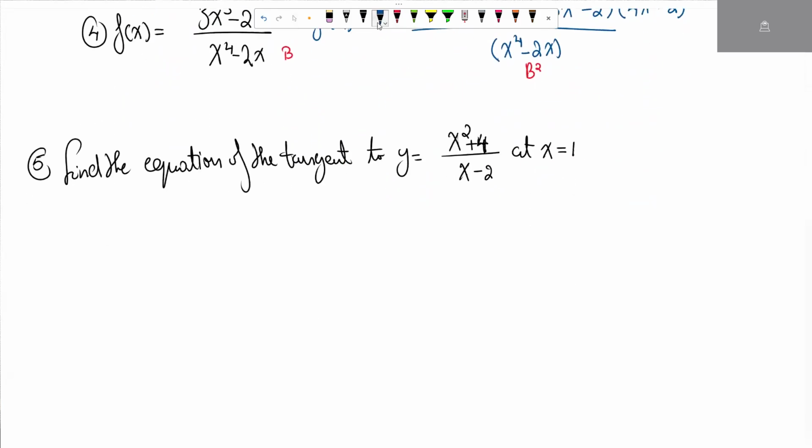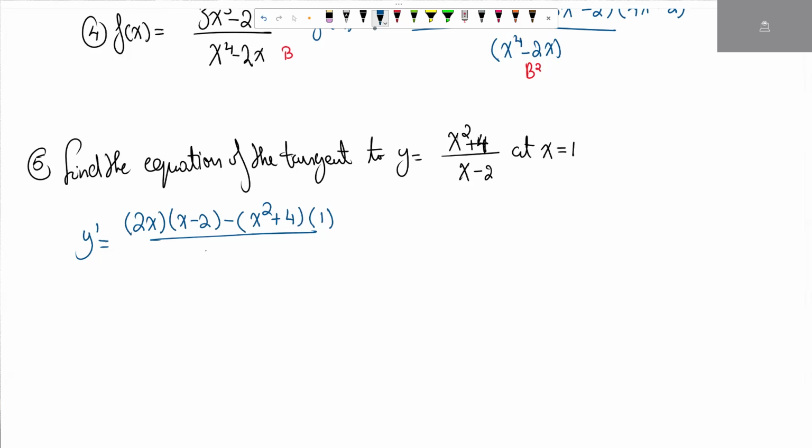It says here, find the equation of the tangent to this function at x equals 1. In this case, we'll have to first find the derivative of y. It would be a quotient rule: the derivative of the first one, times the second one as it is, minus the first one as it is, times the derivative of the second.